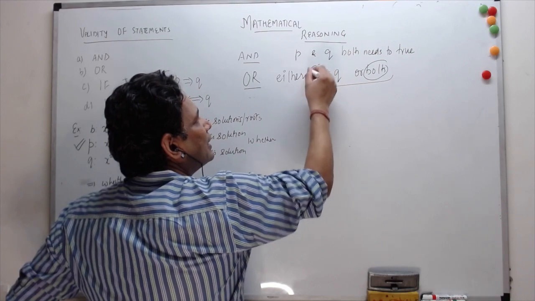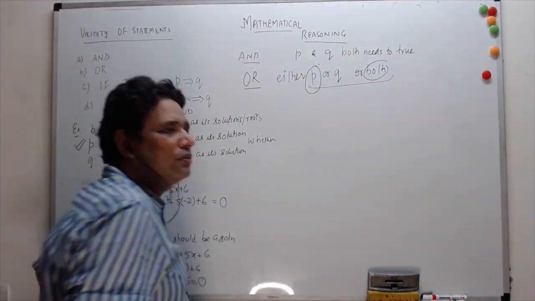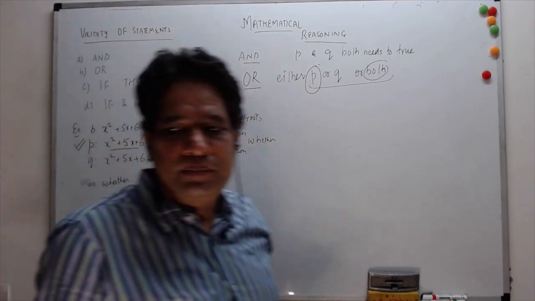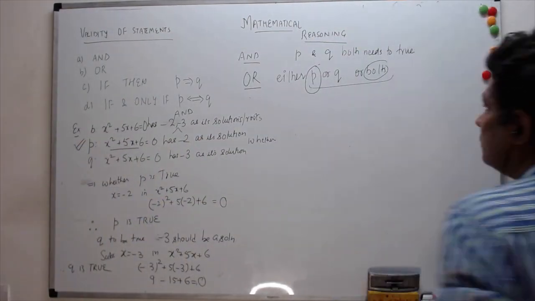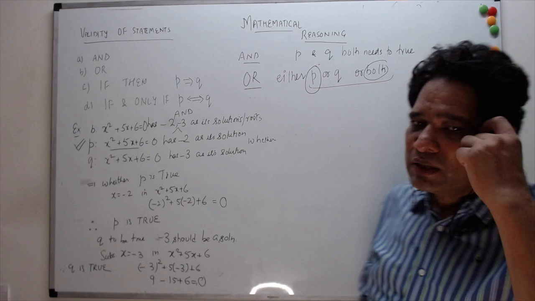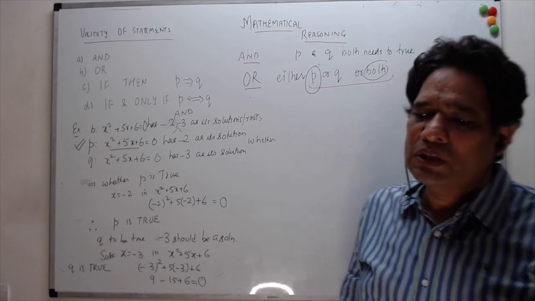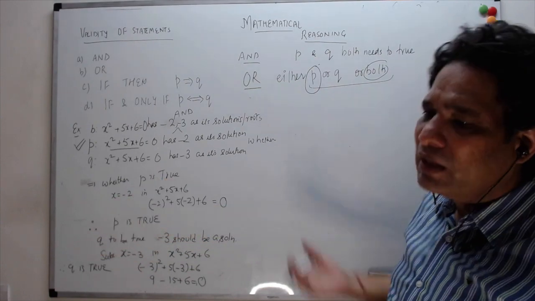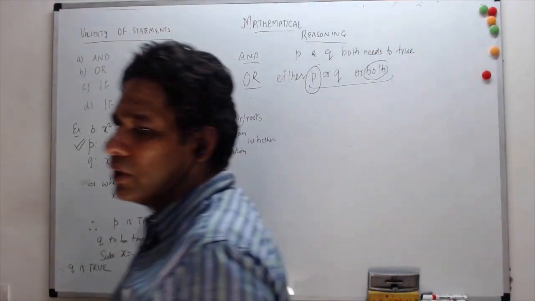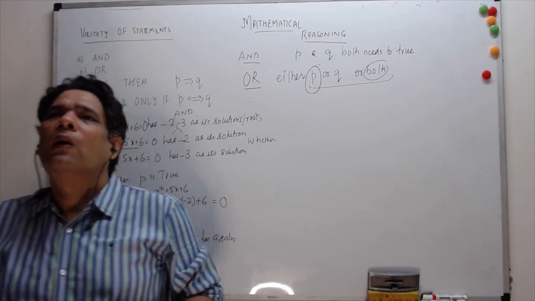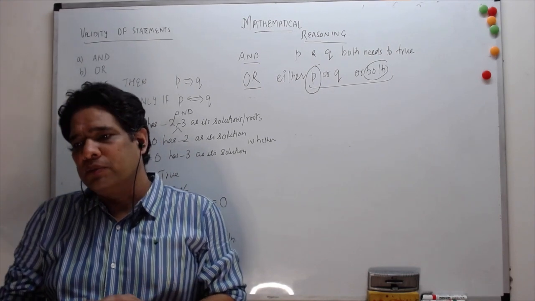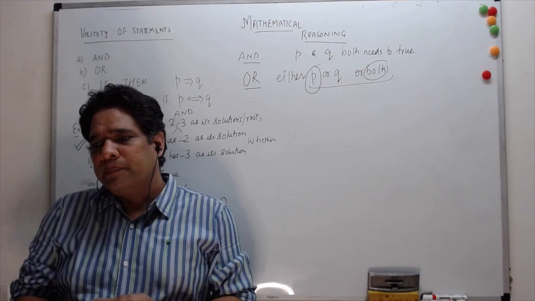But in either case, if this alone is true, then the entire statement becomes true also, right? So what that means is that if you have a statement which is connected by an OR connective, you just need to pick one condition and prove it to be true. You don't really need to worry about proving both of them to be true, right?